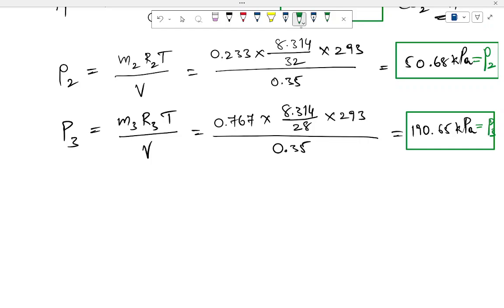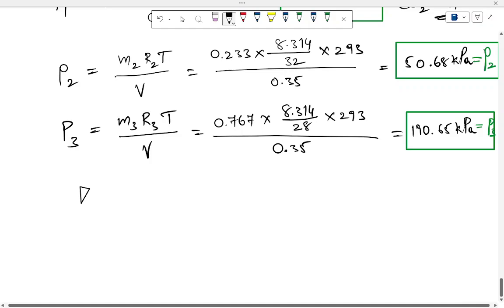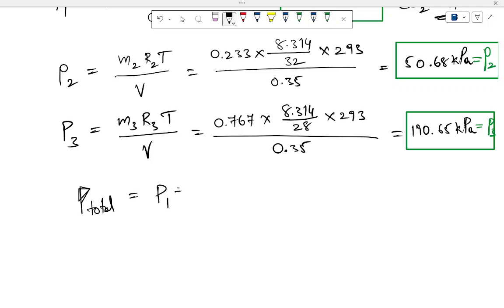So P1, P2, P3 values asked in the question are found out, and he's also asking you to find out the P total. So if you have to find out the P total here, the P total will be P1 plus P2 plus P3. Take the sum of all these things.